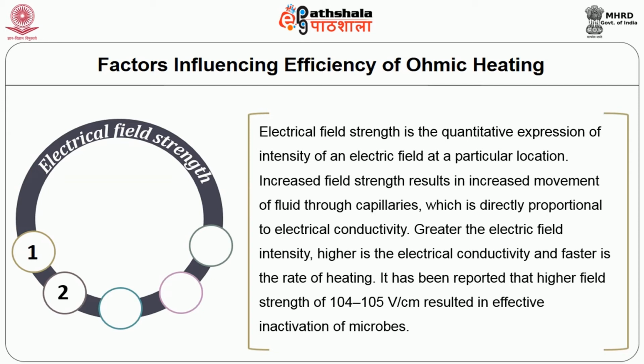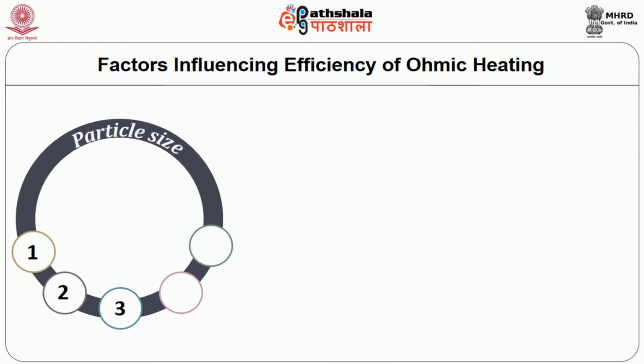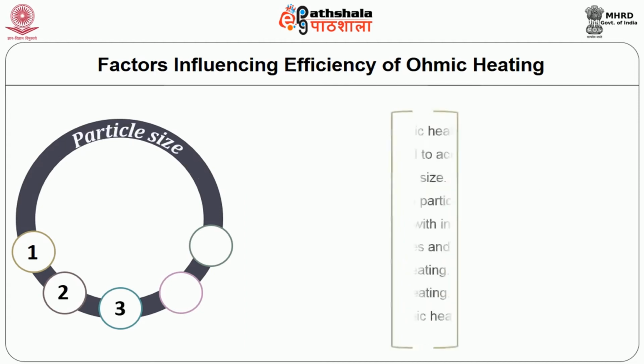Greater the electrical field intensity, higher is the electrical conductivity and faster is the rate of heating. It has been reported that higher field strength of 10^4 to 10^5 volt per centimeter resulted in effective inactivation of microbes.